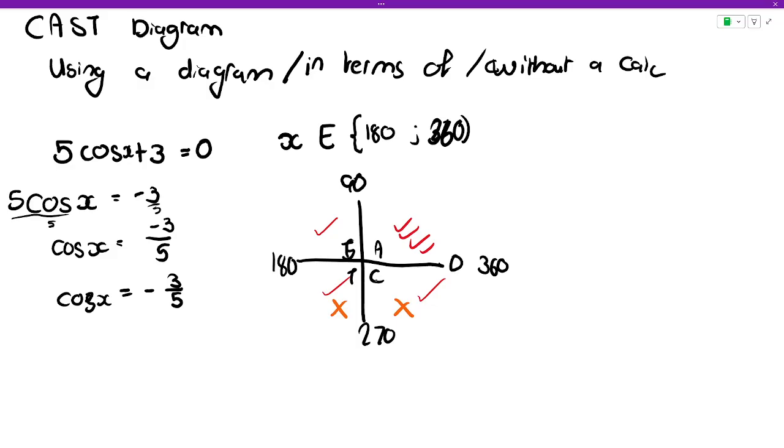And in which quadrant is cos negative? This is 1, this is 2, this is 3, and this is 4. So it's negative in quadrant 2 and 3, but because only quadrant 3 is applicable here, it's this is the one. So it's in quadrant 3.